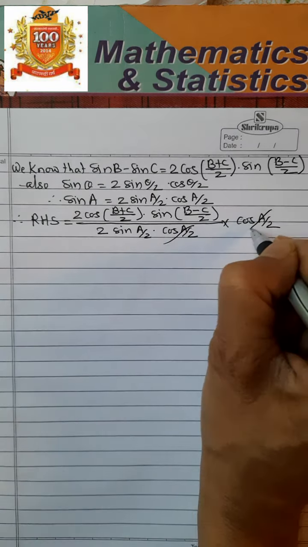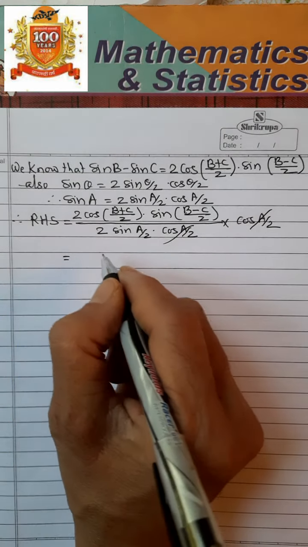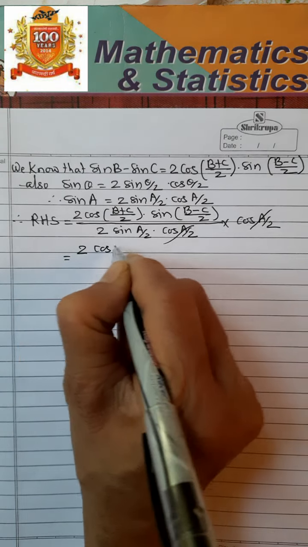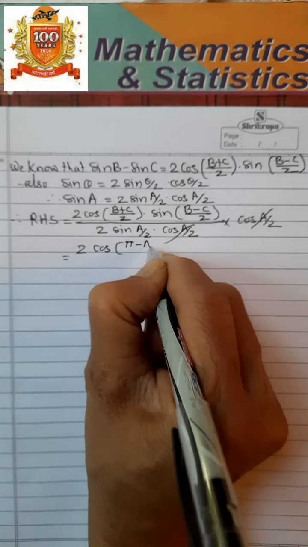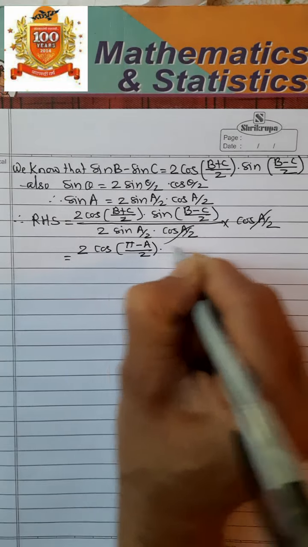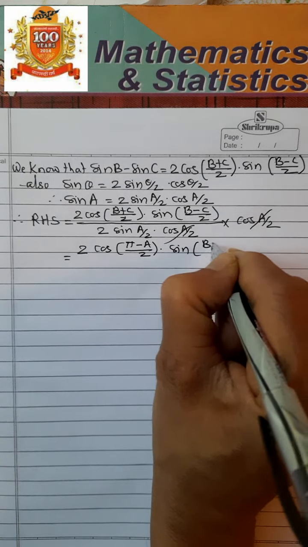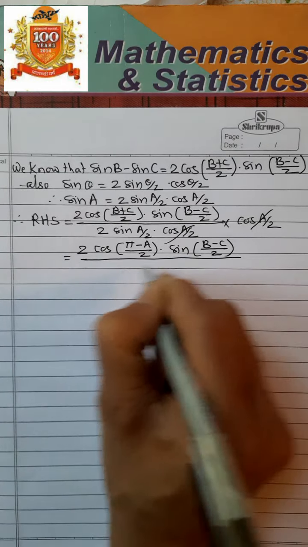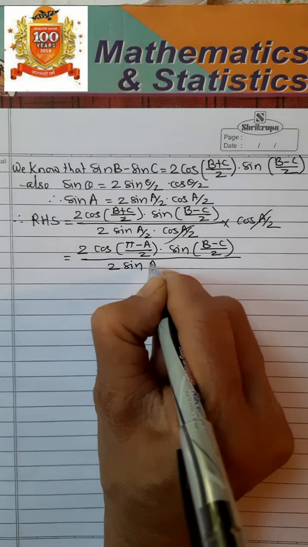Cos A upon 2, cos A upon 2 get cancelled. We have 2 cos of B plus C, means pi minus A, upon 2 into sin of B minus C upon 2, upon 2 sin A upon 2.